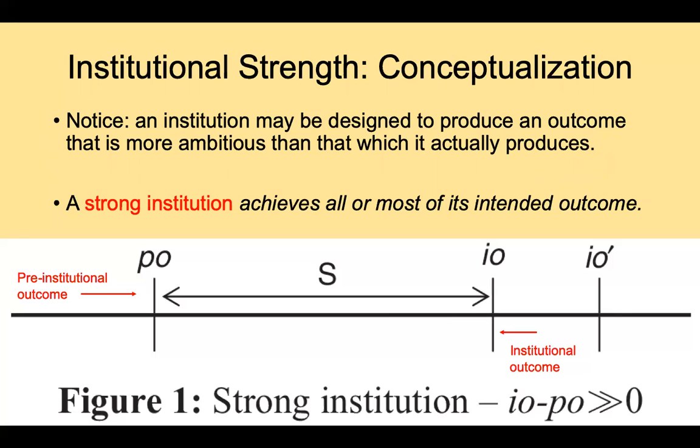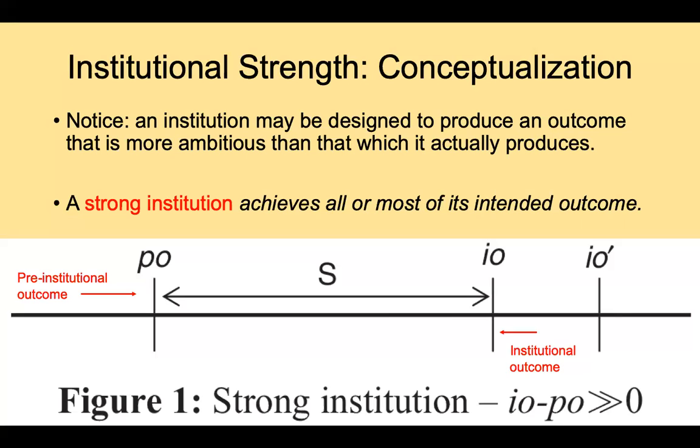Think about it. Whenever we create a rule, we always intend to change the behavior of someone or something or change their expectations. Our objective is to produce some change. Now, in reality, the outcome might fall short of our expectations or our intentions.